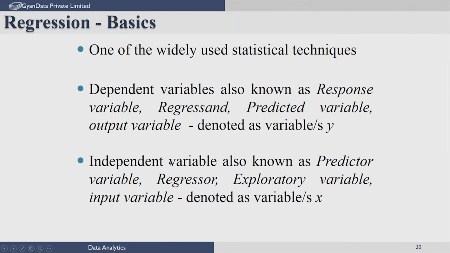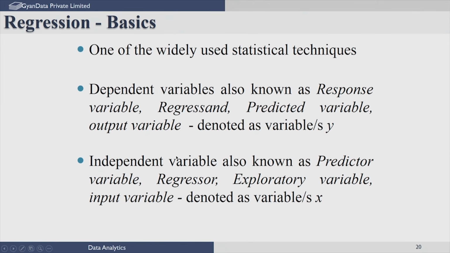On the other hand, we have what is called the independent variable. This is also known in the literature sometimes as the predictor variable or the regressor variable, as opposed to predicted and regressand, or it is also known as the exploratory variable, or very simply as the input variable. We will use the term independent variable for this and dependent variable for the response variable.